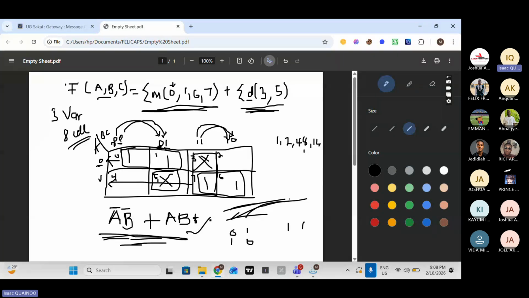So that is how to solve problems of this sort. So you can say that the minimized Boolean expression for f of ABC is equal to AB plus A prime B prime.